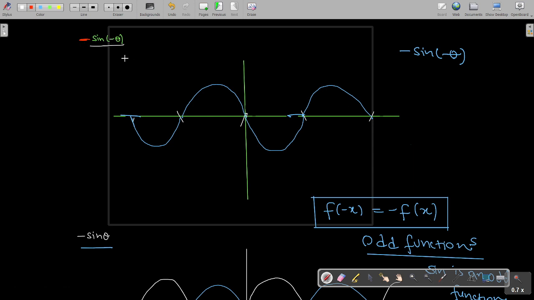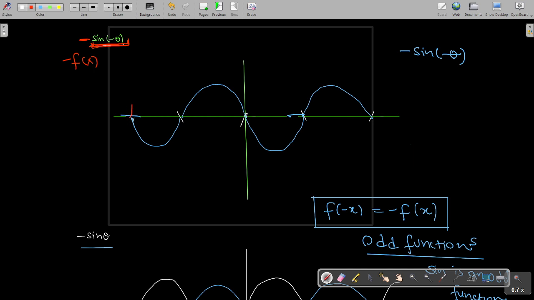What will you do? Consider this. Now you have to draw minus f of x. Now this is f of x.